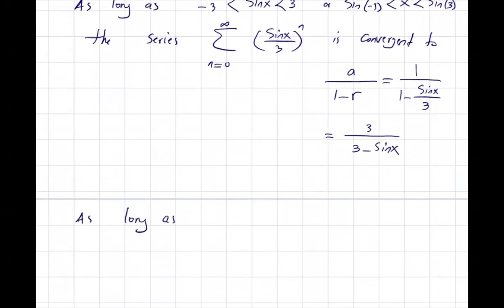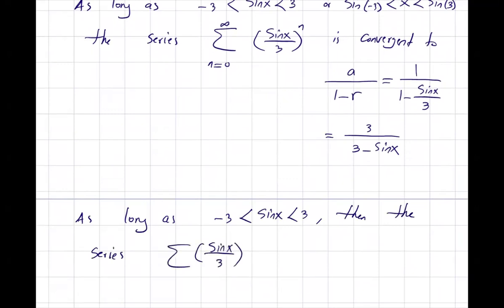Or in other words, as long as sine x is bounded between -3 and 3, then the series, the summation of sine x divided by 3 to the power n starting from 0 to infinity, approximates the function 3 divided by 3 minus sine x.